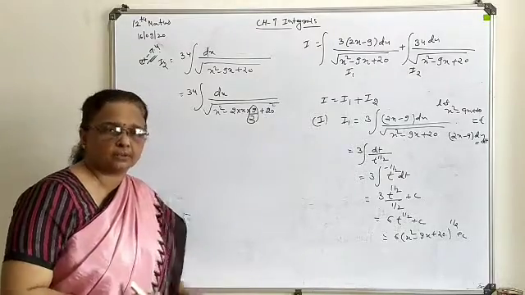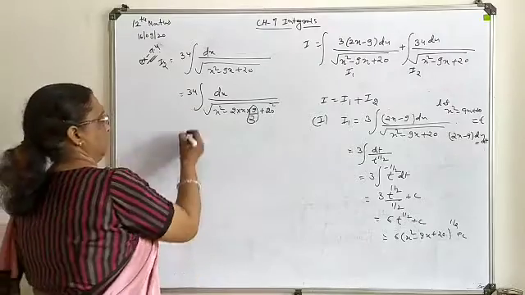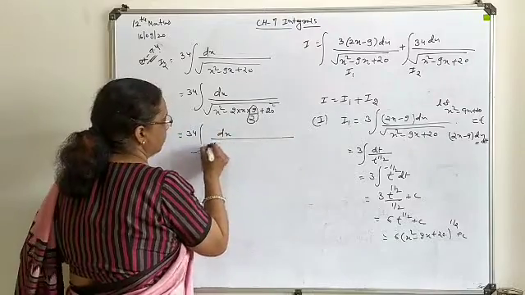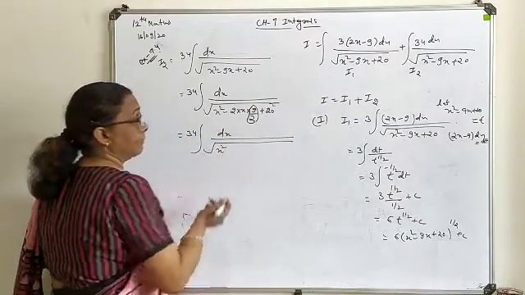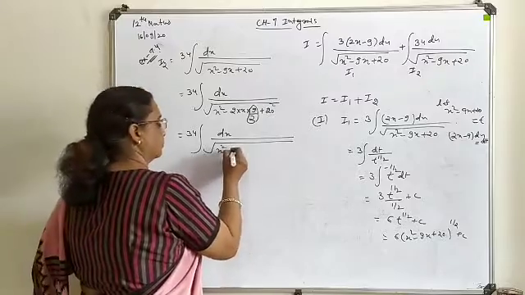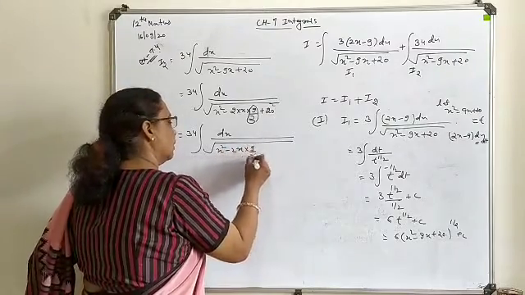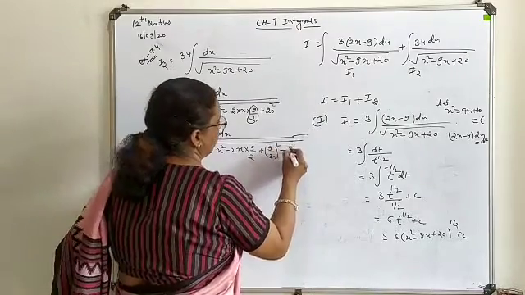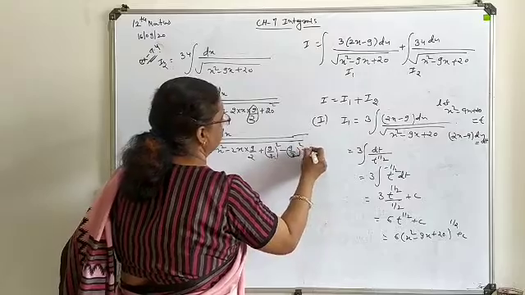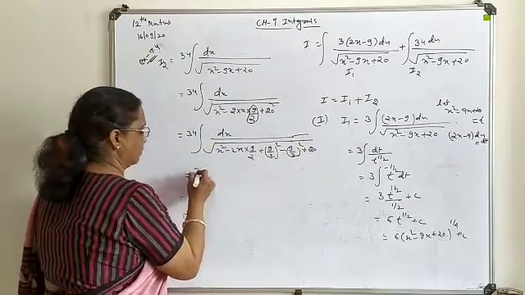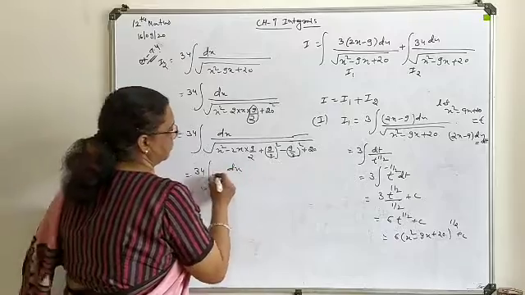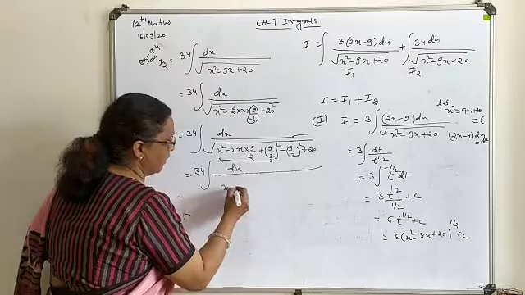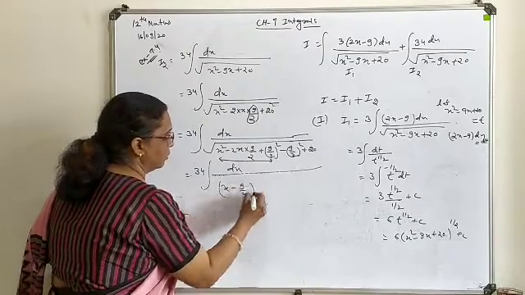So 9 by 2 whole square, plus and minus from our side. First we have to generate this form because the formula we will implement should be clear. So this is the 9 by 2 whole square. Subtract and add from our side. Make these three combined, that will generate x minus 9 upon 2 whole square.